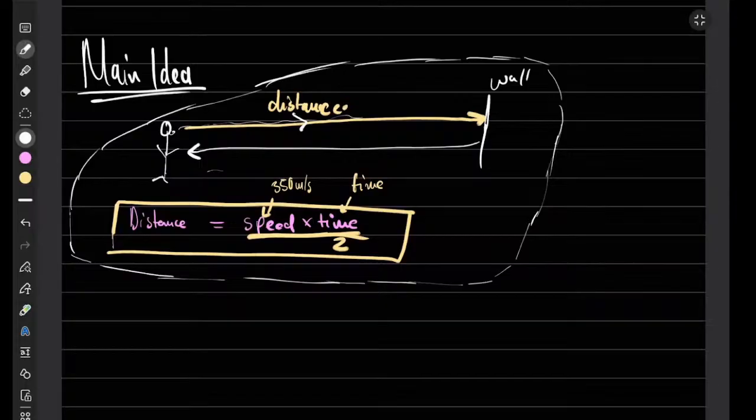You produce a sound, the echo comes back, you detect it. The time it takes for the echo to come back, you multiply it by the speed, then you divide by 2, and you will get the distance. Am I being heard?